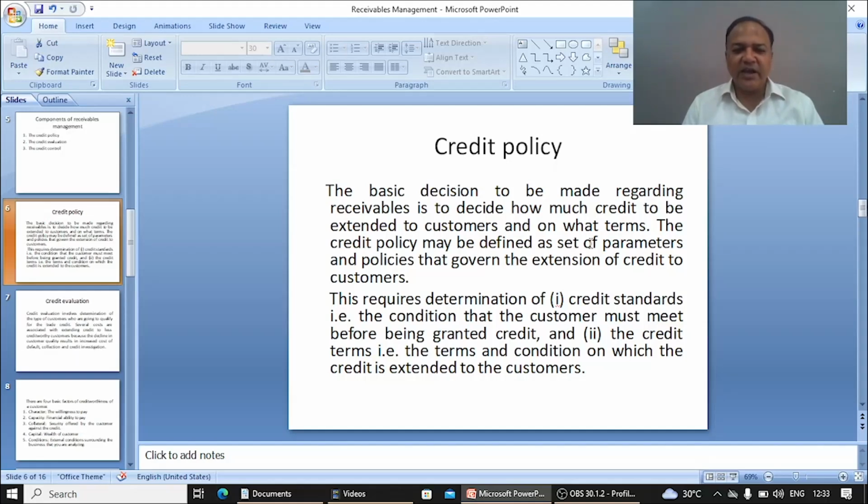Second thing, the credit terms. Credit terms means the terms and conditions on which the credit is extended to the customer. So simply, credit policy means whenever we are ready to give credit to our customer, first of all, he should satisfy the minimum requirement of the organization.